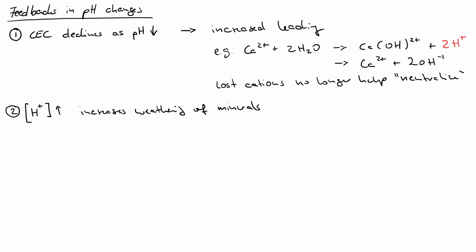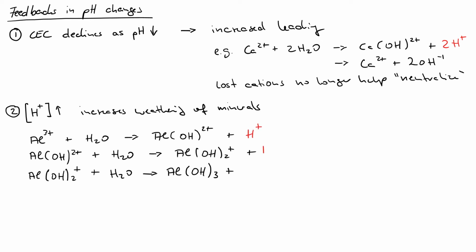But in minerals that contain a lot of aluminum, that becomes a positive feedback mechanism, because aluminum undergoes hydrolysis, and it does so as a function of pH, but either way it also releases protons. So you have more protons, you free up aluminum to hydrolyze, which then frees up more protons and tends to acidify your soil even more. And in addition to that, aluminum is also more soluble at low pHs.